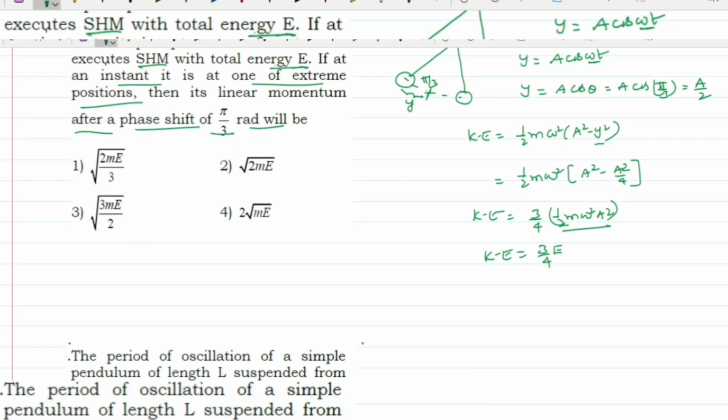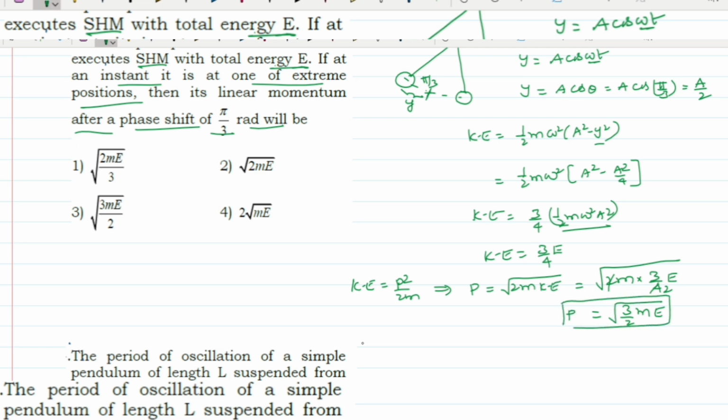From the relation K equals p square by 2m, p equals the square root of 2m into kinetic energy, which is 2m into 3 by 4 E. So p is the square root of 3 by 2 m E. This is the correct answer for the linear momentum.